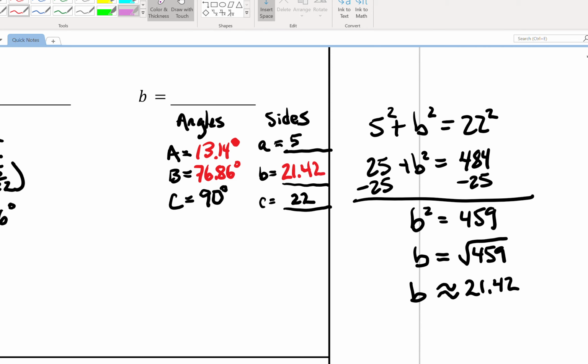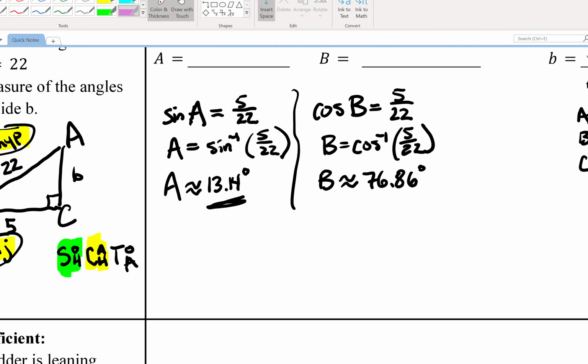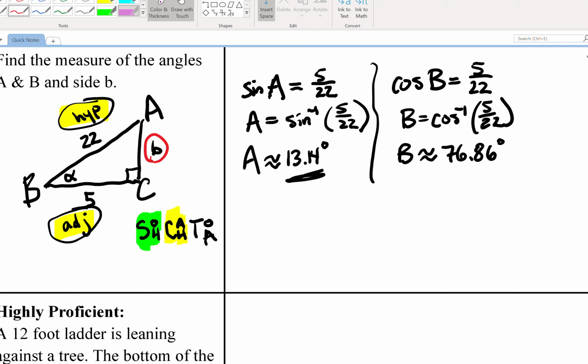21.42. But what would happen if we'd have used a trig ratio to find it? Because we could have done that. If I want to find what b is, I know, for example, right now that this angle B is 76.86 degrees.